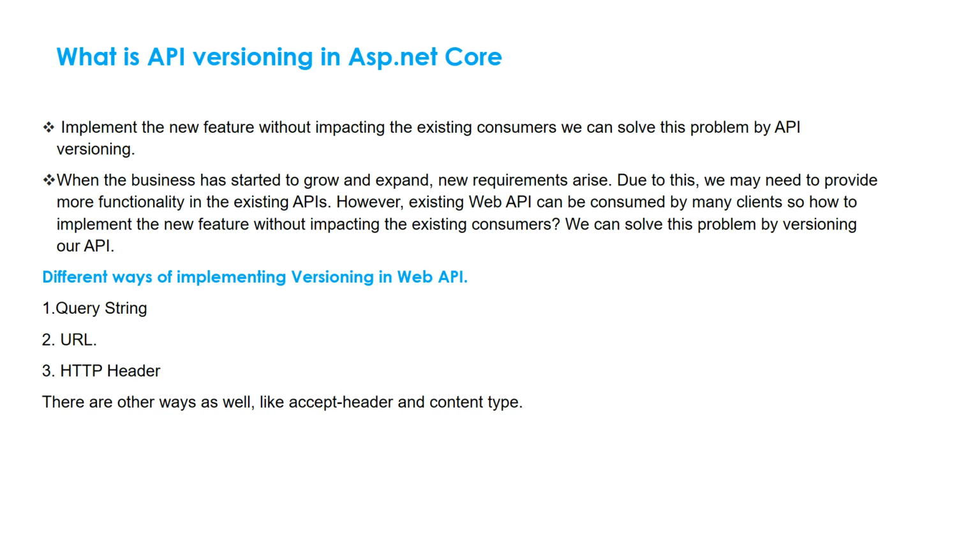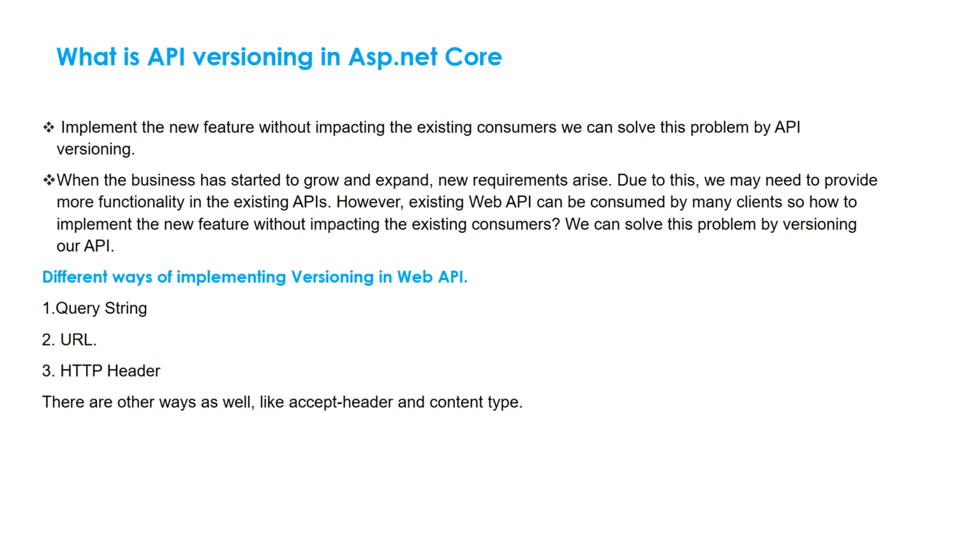Due to this we need to provide more functionality to the existing API. However, the existing API can be consumed by many clients. So how do we implement the new feature without impacting the existing consumer? We can solve this problem by API versioning.